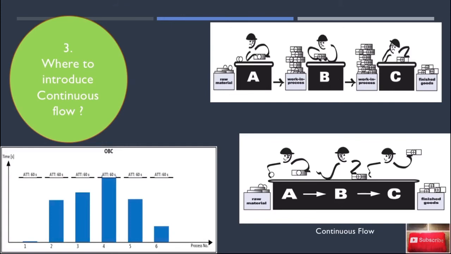So you can combine processes 2 to 6 as a continuous process, but not process 1 with them, because if you combine 1 with them, process 1 will be underutilized. The other processes will be utilized efficiently, but not process 1. So you have to determine which processes we can combine into a continuous process. That is one of the major steps for creating a future state map.